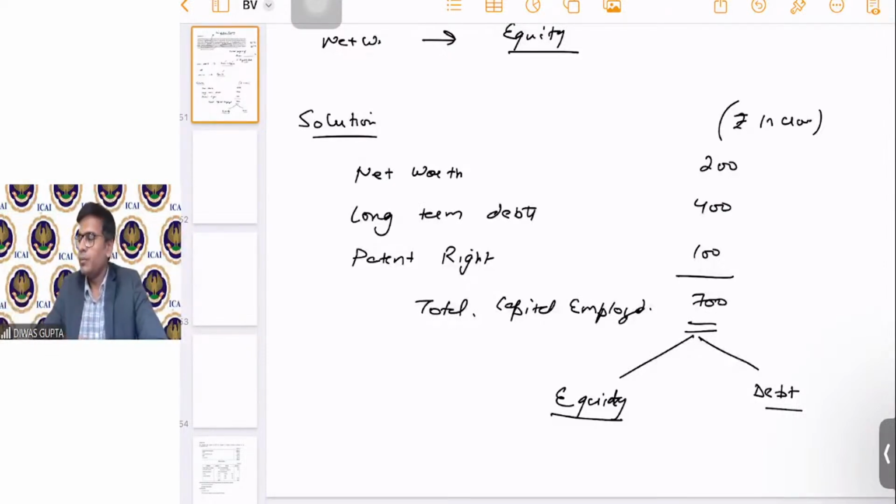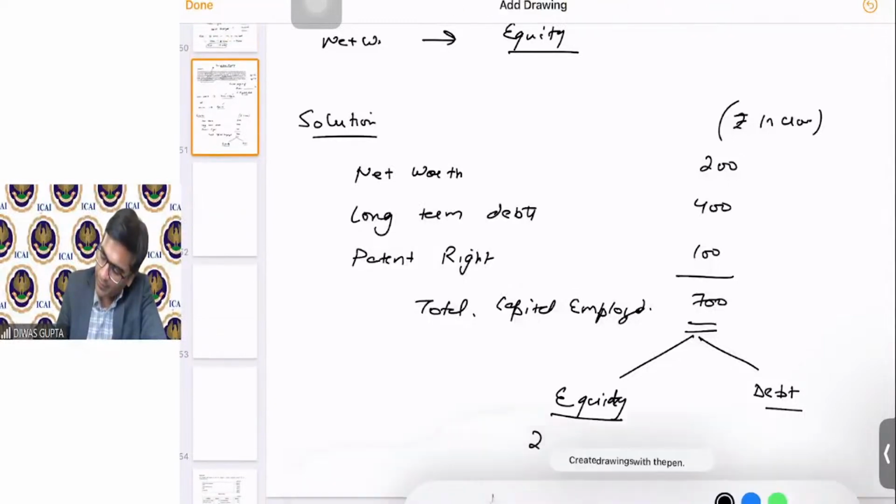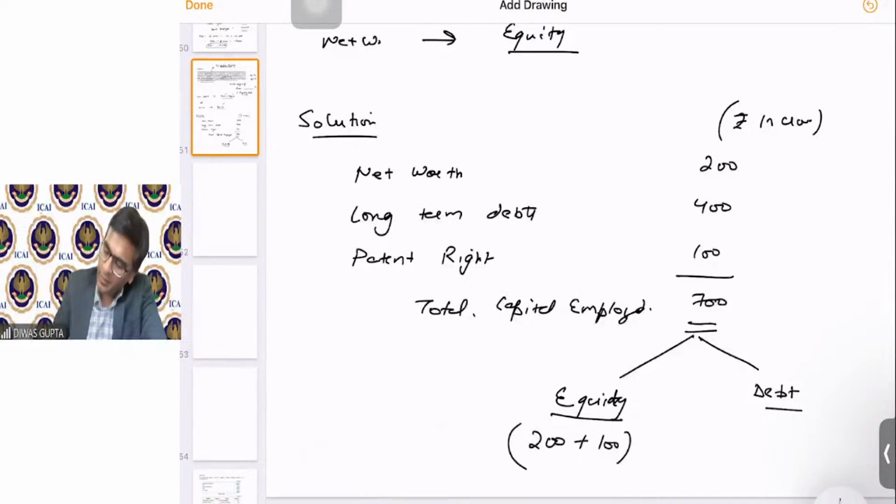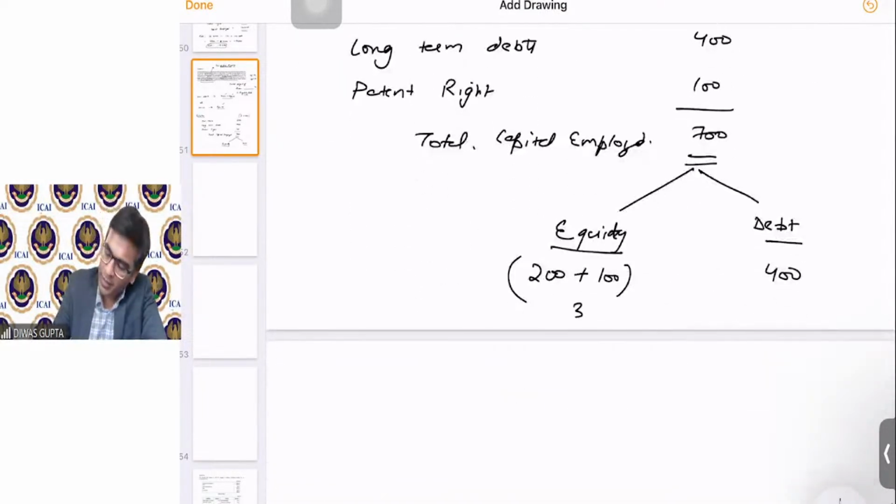So, equity and debt, students. Equity will be 200 plus 100 and debt is 400. So it becomes 300 is to 400. This is the ratio, students. Now let's go back.